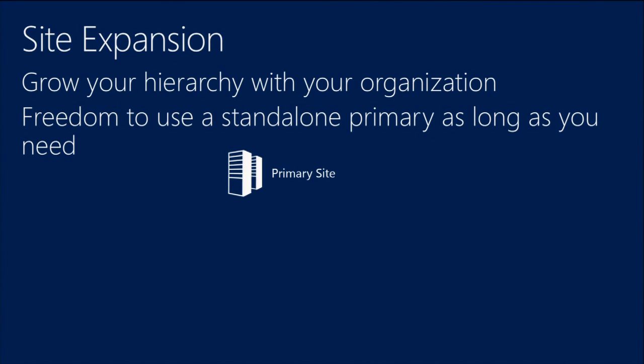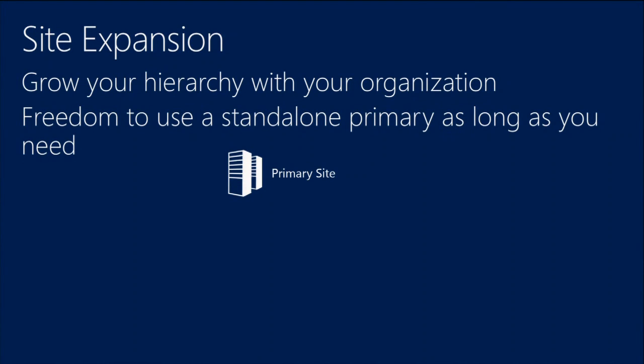A lot of times in the RTM product, what we would find is people were afraid of not having a CAS. Because if you went through setup, in our setup phase, which I'll show you later on, if you chose primary site, we would ask you, do you want to join a hierarchy now? Where's your CAS? Or do you want to be a standalone, which we popped up a warning saying you'll never be able to join a hierarchy in the future. So people got afraid of that, so they'd go ahead and install a CAS, even though they only needed one primary site.